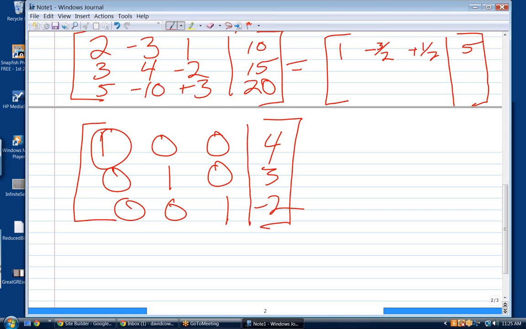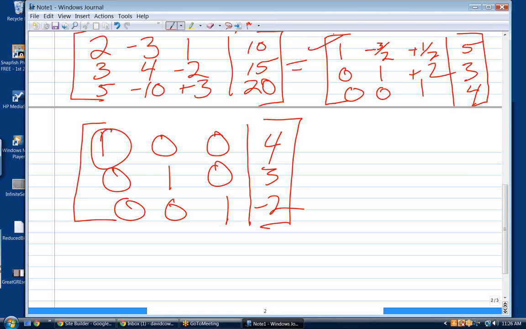If I can turn this matrix into even this, I'm halfway to solving this problem.